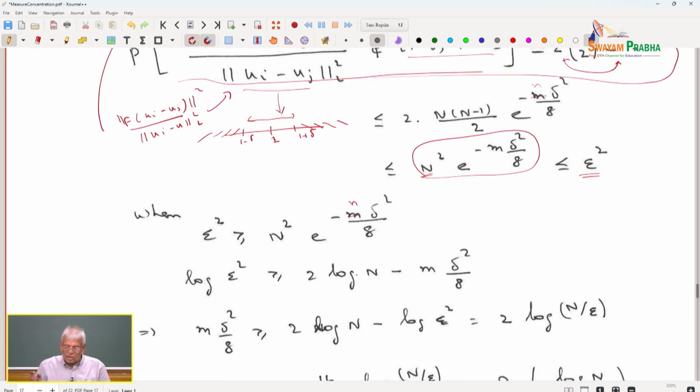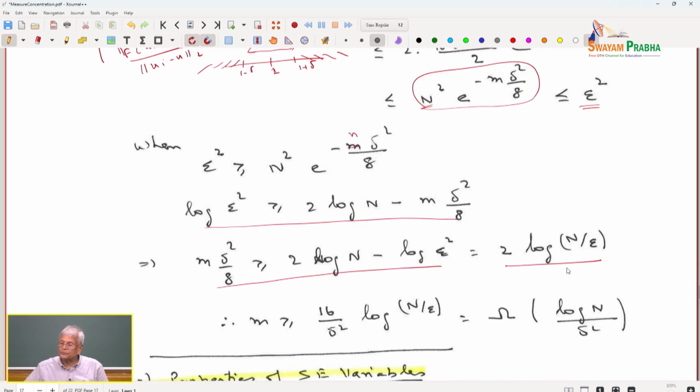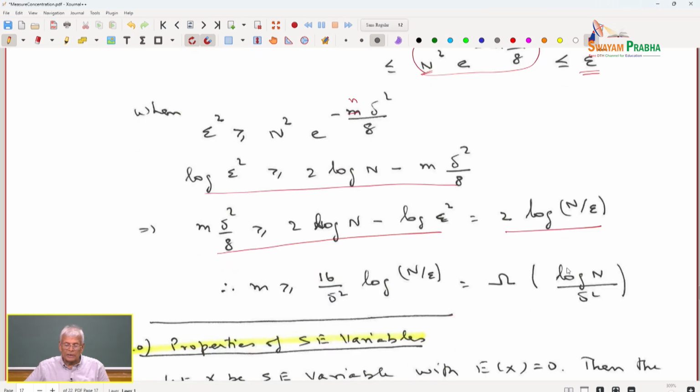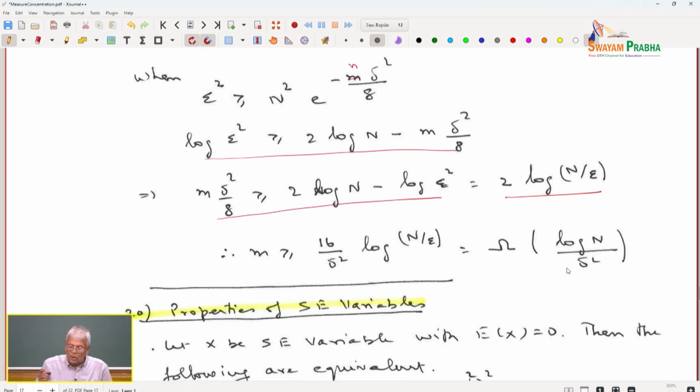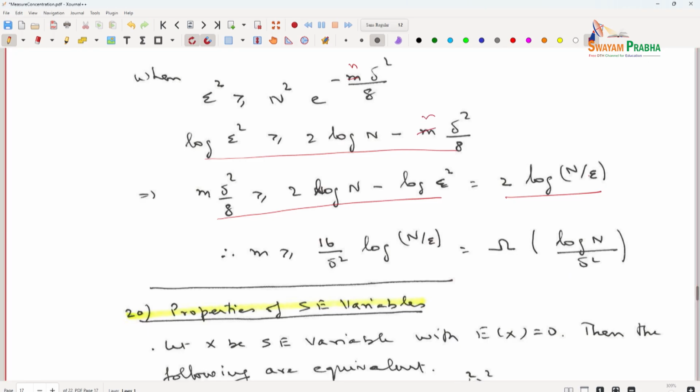If I take the logarithm of both sides and simplify, I get this expression, which when further simplified becomes this, and this is essentially 2 times log of n by epsilon. Please understand, these are all n in my notation.